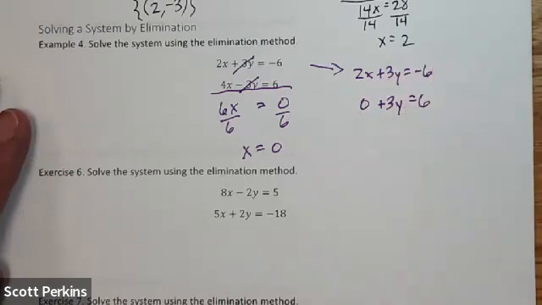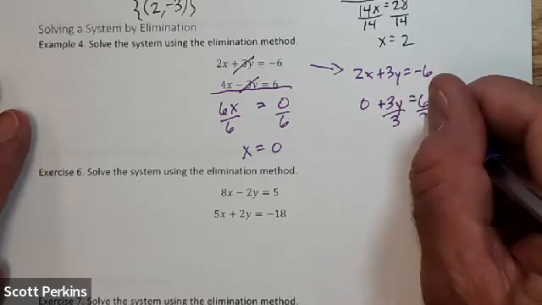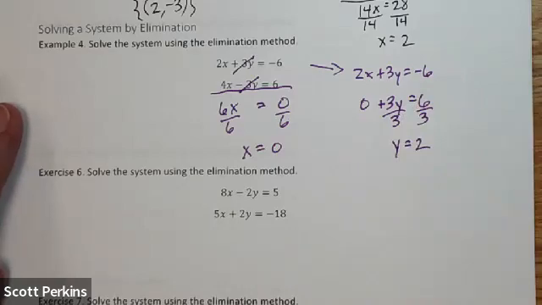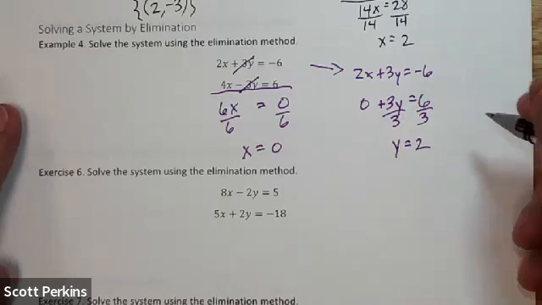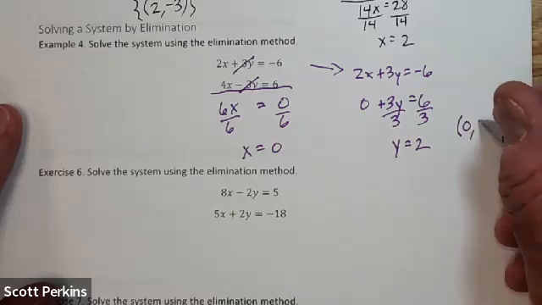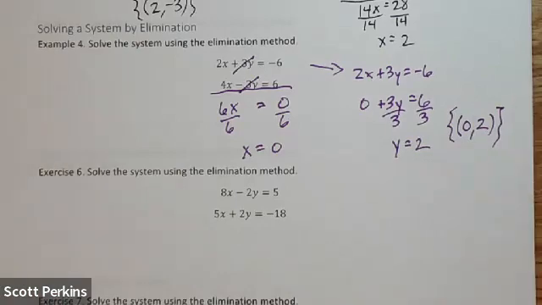So that just becomes the equation 3y equals 6. So I divide both sides by 3 and I get y is equal to 2. And so that's my ordered pair answer. My answer is the x value 0, the y value 2, and I'm going to put it in some braces and we are done.